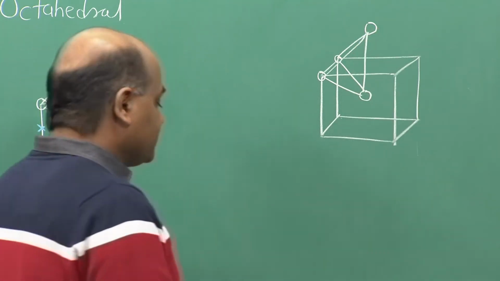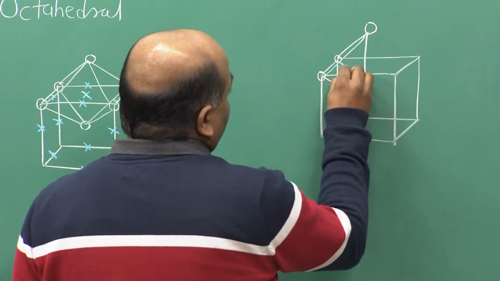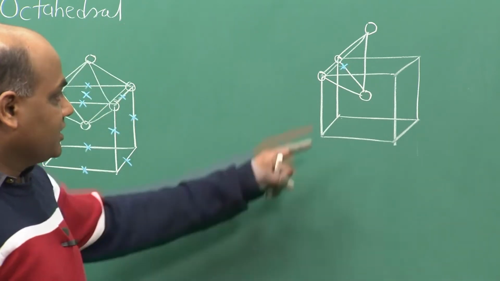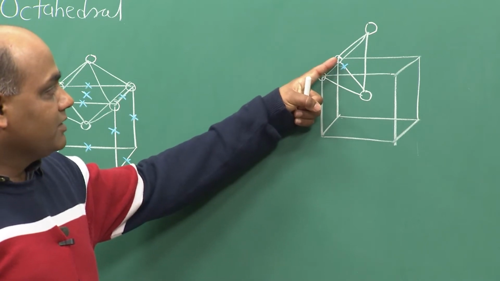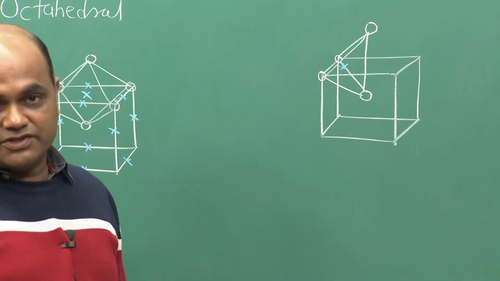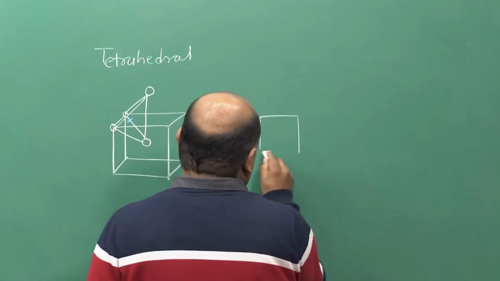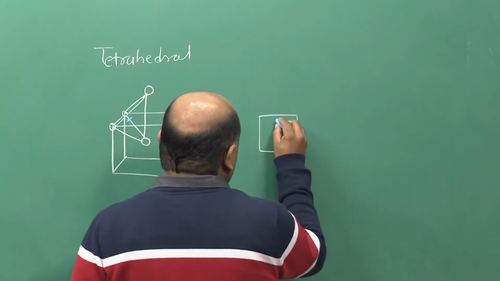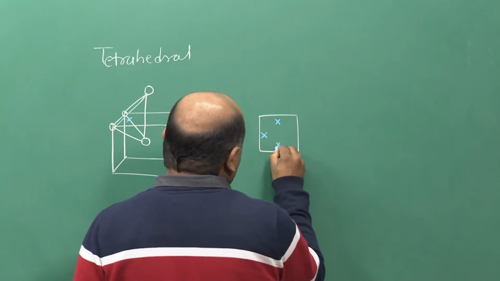And the center of this tetrahedron lies somewhere on the face, and its position is at 1/4 of the lattice parameter from the center of the edge. Right. So, if we draw this face here, the tetrahedral interstitial sites are located at 1/4 from the center of each of the edge.